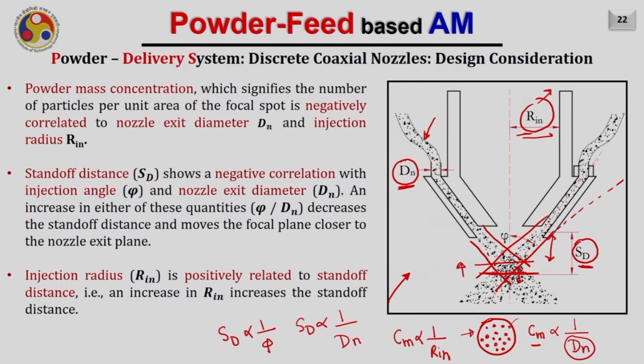It is important to have a very optimal value of this standoff distance, because if the focal point is very close to the nozzle exit, that means a small standoff distance, the molten pool will also be very close to the nozzle exit, and the powder particles, fumes and other undesirable things coming from the molten pool may affect the nozzle.